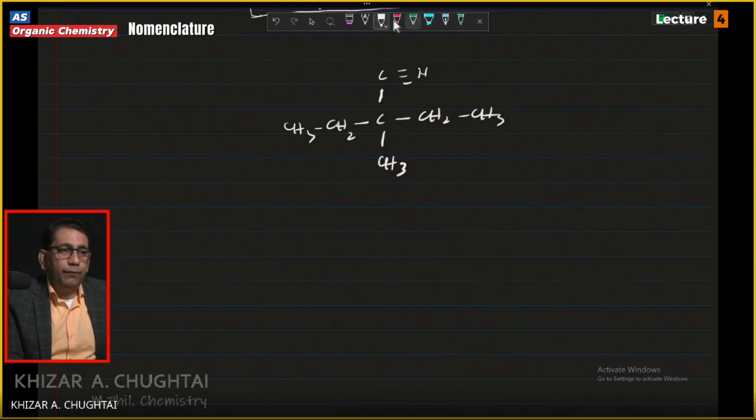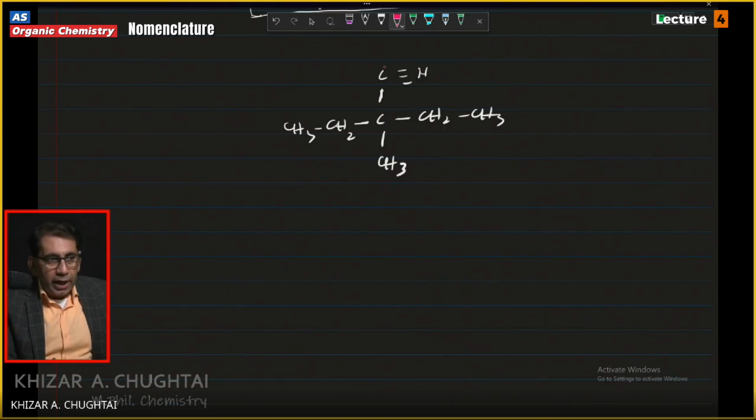First of all, the first step is to select the longest chain of the carbon atoms. So the longest chain. This carbon must be part of the longest chain. And if this is part of the longest chain, the first possibility, carbon number one, carbon number two, carbon number three, straight away. On this route, you have come across the three carbon.